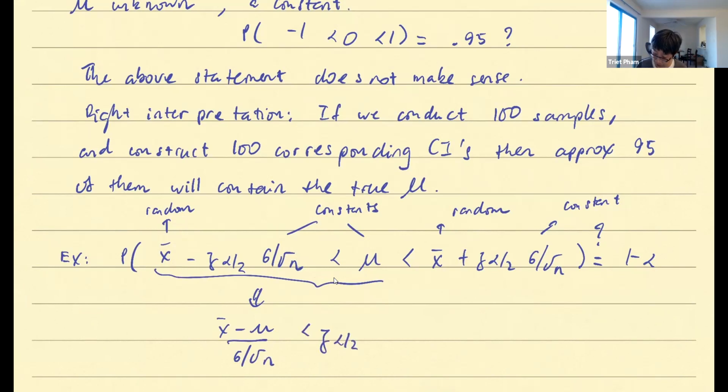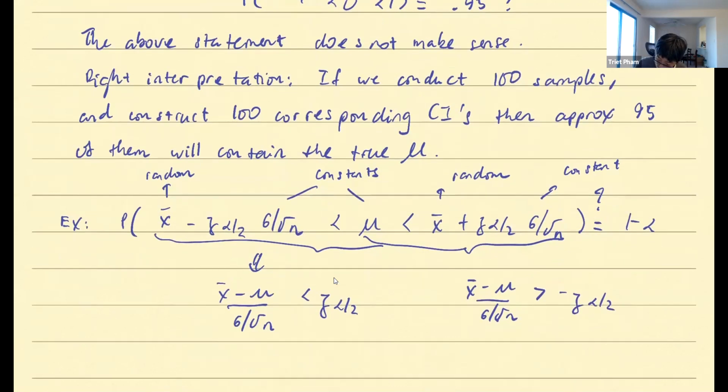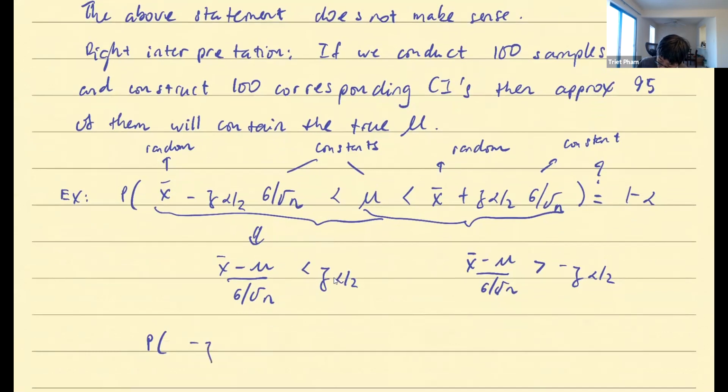And the other side means x bar minus mu divided by sigma over root n is bigger than minus z alpha over 2. So all in all, this statement is just the probability that minus z alpha over 2 is less than x bar minus mu divided by sigma over root n, less than z alpha over 2. Again, still with a question mark, 1 minus alpha.